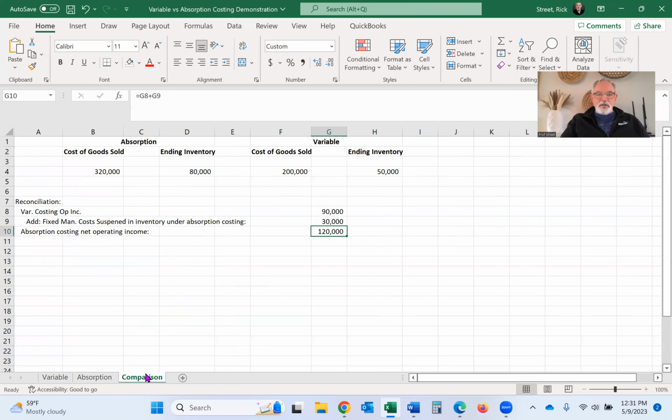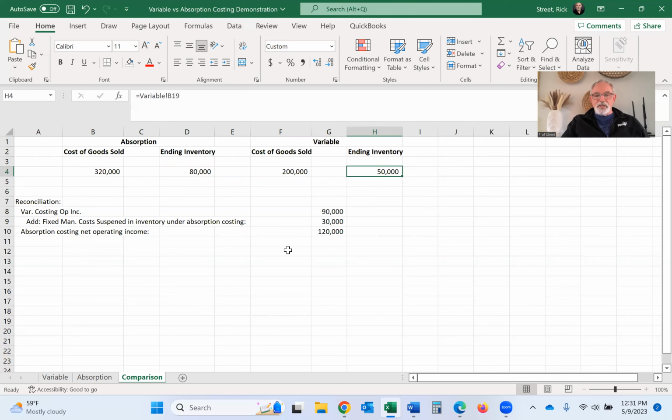Now let's look at this comparison. This is called a reconciliation. So under absorption, our cost of goods sold was 320,000 and our ending inventory was 80. You just saw that. Under variable, our cost of goods sold is 200,000 and our ending inventory was 50,000.